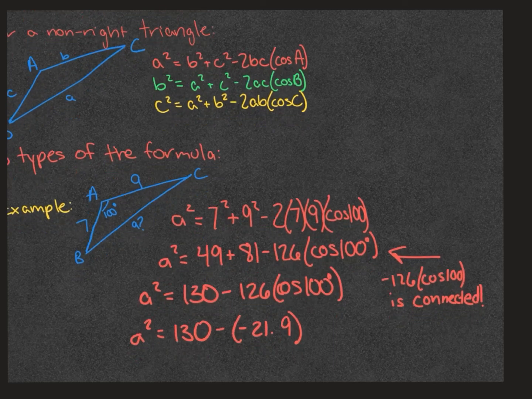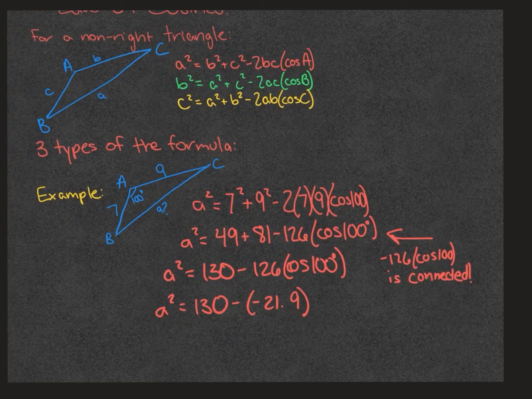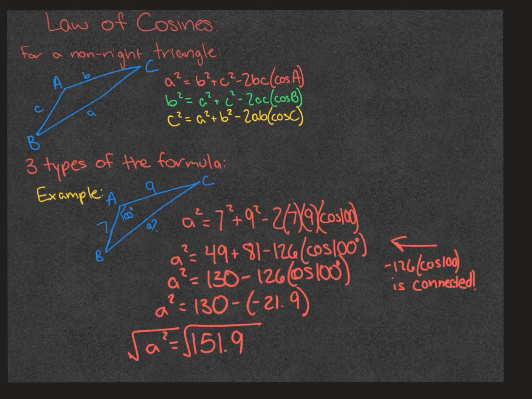We have a negative minus a negative, so we're actually going to add this piece. So we have a squared equals 130 plus 21.9, which gives us 151.9. We are going to take the square root of that, and our a value is 12.32 units. I did round it on that piece to the nearest hundredth.